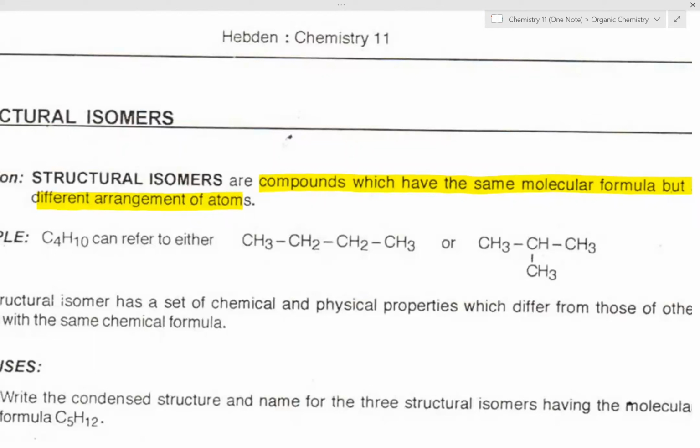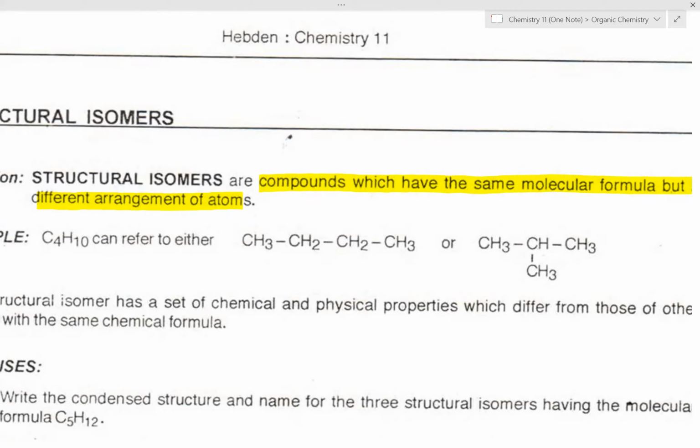But if you take a look at the two formulas, they are exactly the same. C4H10: 4 carbons, 3 plus 2 plus 2 plus 3 hydrogens is 10. 4 carbons, 3 plus 3 plus 3 plus 1 is 10.